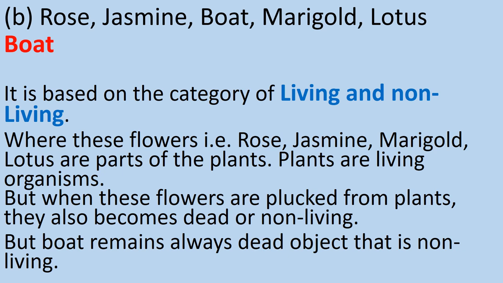Whereas these flowers like rose, jasmine, marigold, lotus are parts of the plants. Plants are living organisms. But you should also know that when these flowers are plucked from plants, they also become dead or non-living. But boat remains a non-living thing.